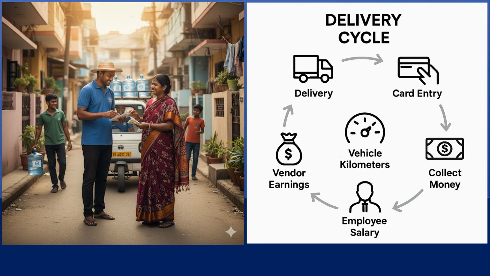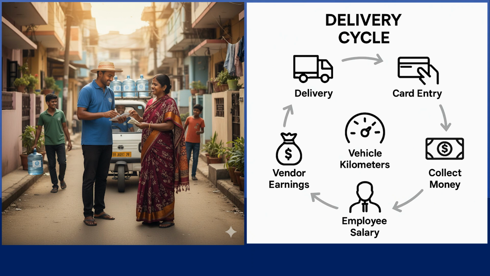The way business works in our area is that every time they come with a small tempo or mini truck, they have one driver and two to three helpers. The helpers deliver water to each household. So the key actors are vendor, customer, and vendor employees. We will consider the driver and helpers as vendor employees.